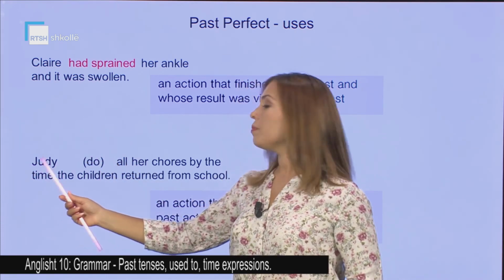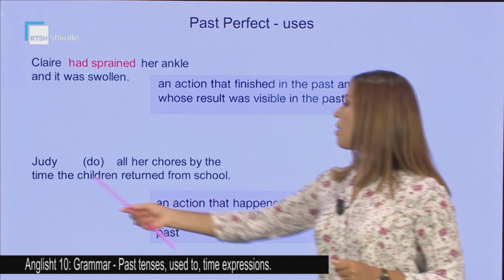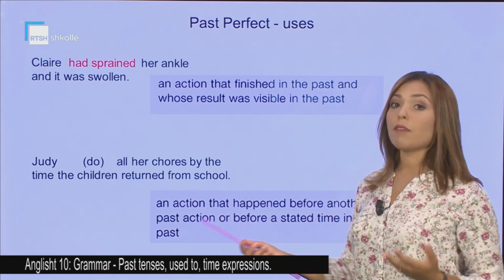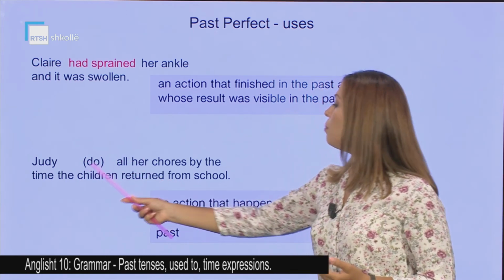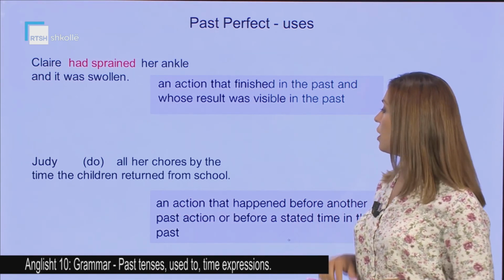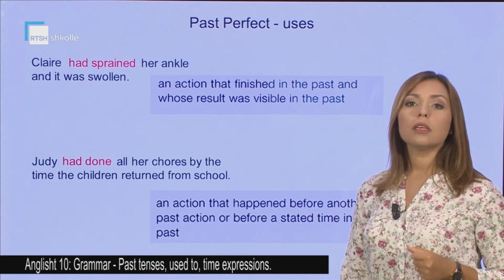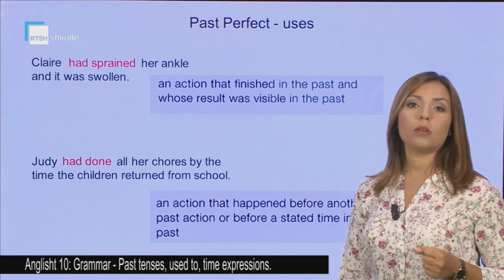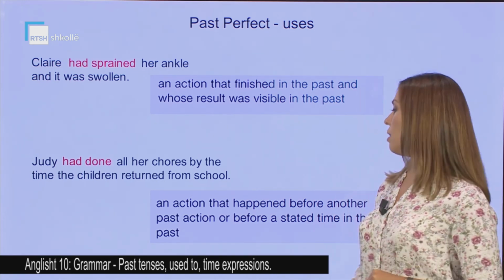Another use. Judy, the verb is do, all her chores by the time the children returned from school. So we have something that she had done before something else. So first, Judy had done all the chores, and then the children returned from home. So something that happened in the past before something else.